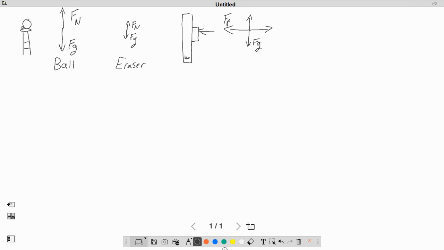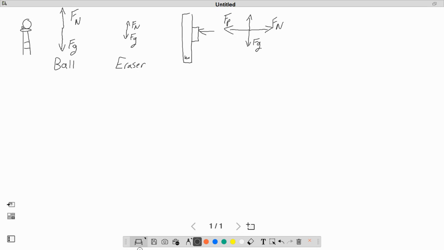So my question is, okay, well, if I'm pushing it into the wall, what force is keeping it from going inside the wall? Well, what do we call it? We could call it the wall force, or more specifically what? The normal, because it's what keeps the one object from going inside of another one. So this is the normal force. So it should be noted that the normal is still perpendicular to the wall, right?